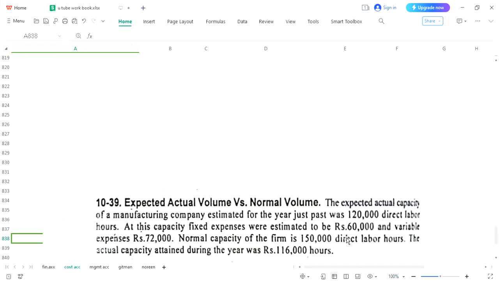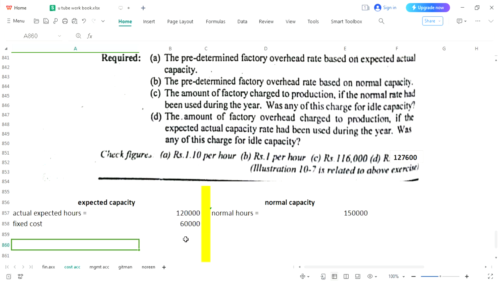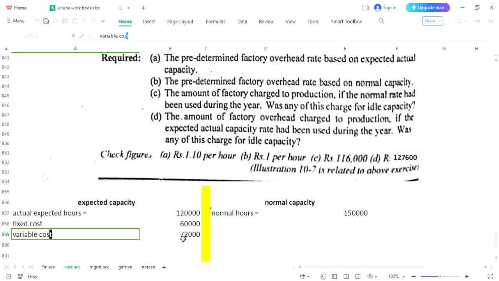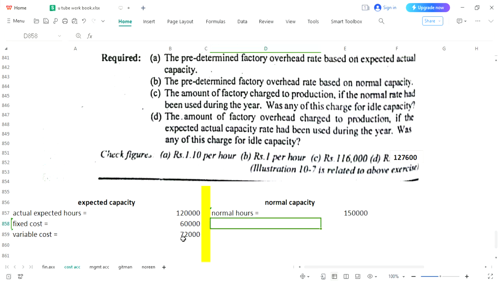So 60,000 is written, and variable expenses 72,000, so you may write 72,000 as your variable cost, and that is completed. Fixed cost is not mentioned for normal capacity.